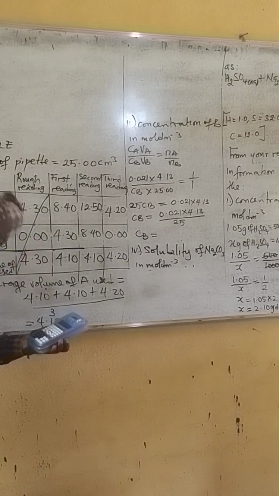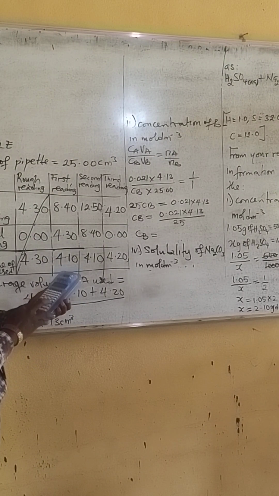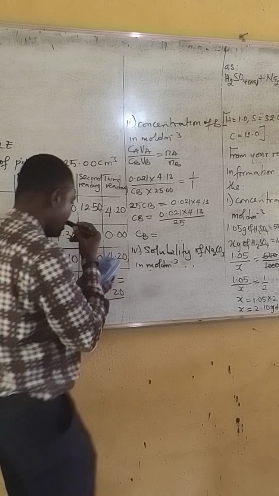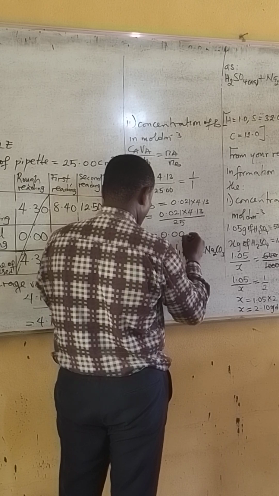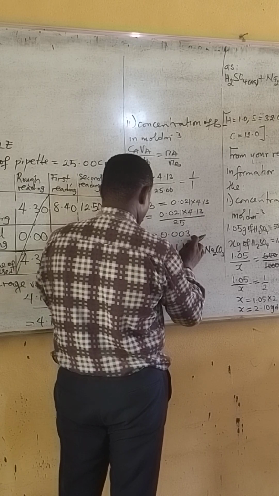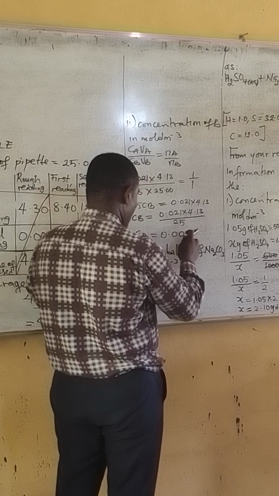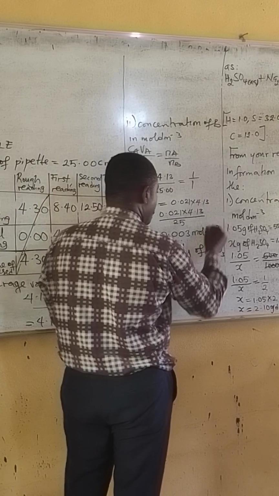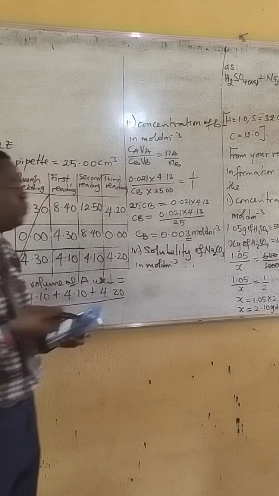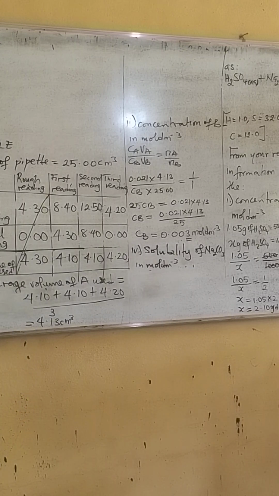So we have 0.021 times 4.13. Answer is this. Then divided by 25, we have this. We have 0.003. Oh, okay. 3. 1, 2, 3. Okay. Now mole again. Your answer of mole per dm3, always make sure it is in 3 decimal places.